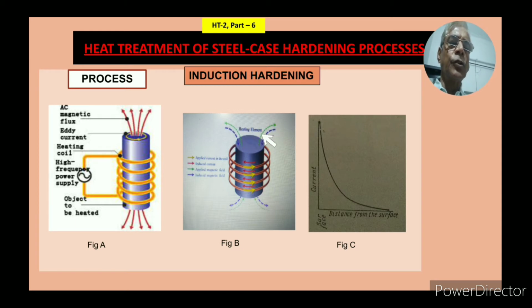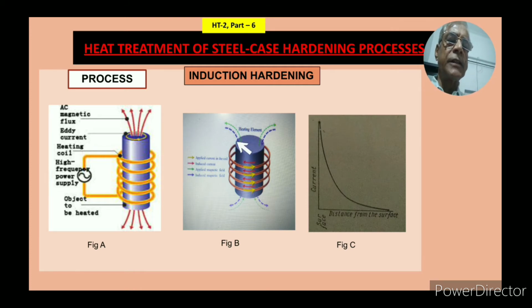So this produces an opposite direction in the magnetic field, and that is why this magnetic field at the center is high, and then it reduces. And thereby the eddy current, which is produced by this varying magnetic field, is also very high at the peak.